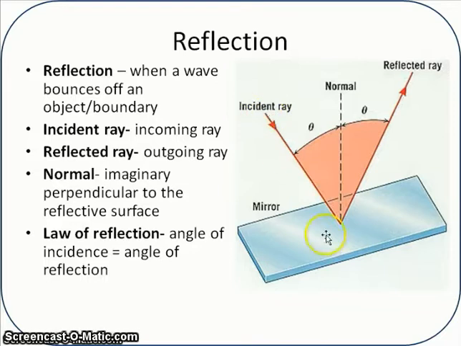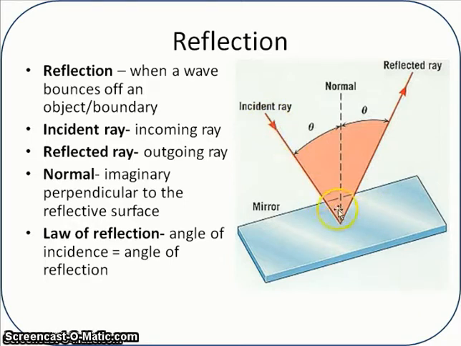Reflection is when a wave hits a surface or a different medium, hits a boundary, and then bounces off. We normally talk about this with light, but it can happen with anything. When you look at a mirror, you're looking at light rays that bounce off the mirror, but sound waves do that too. There are echoes. In this drawing we see there's an incident ray, which just means a ray that is about to hit the mirror.